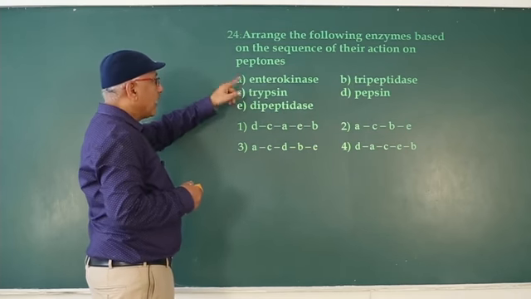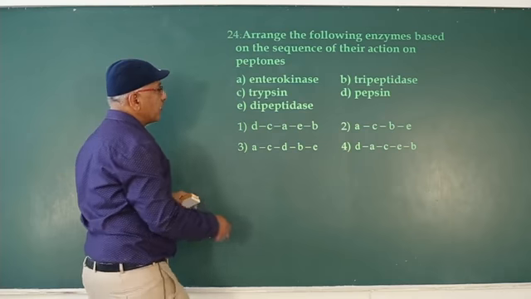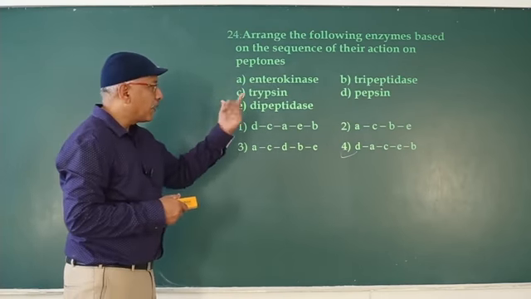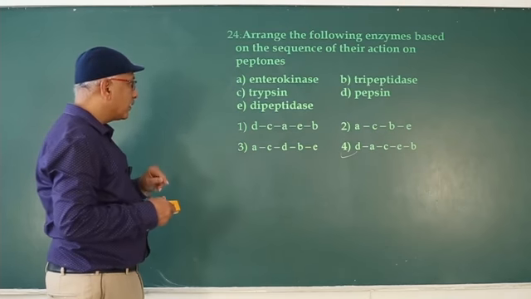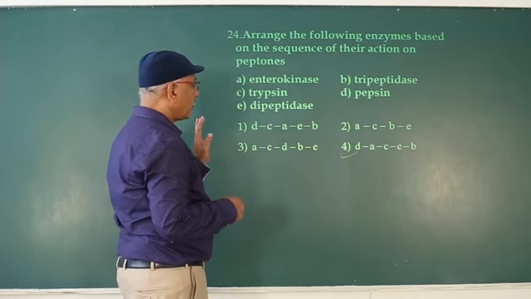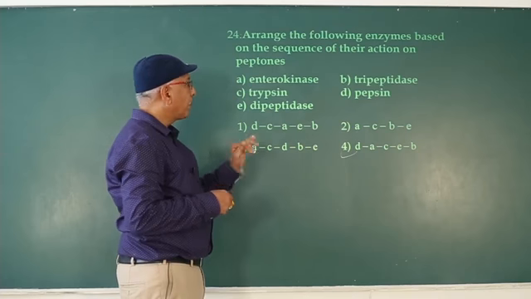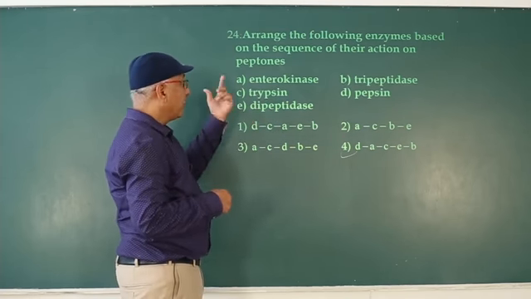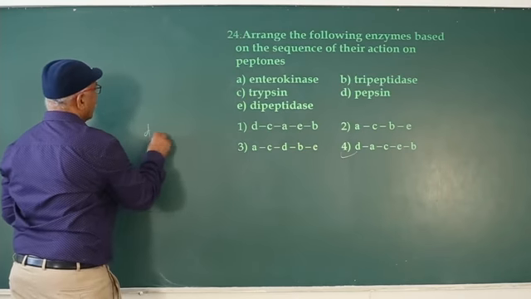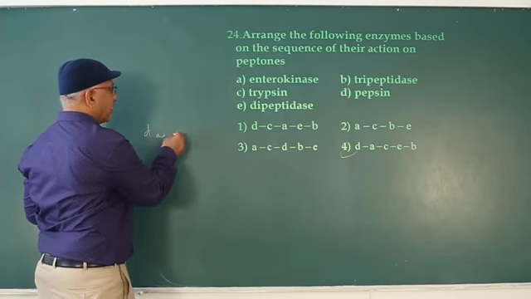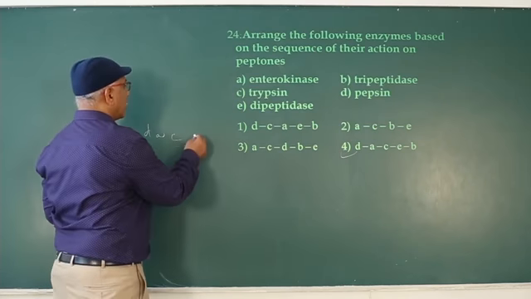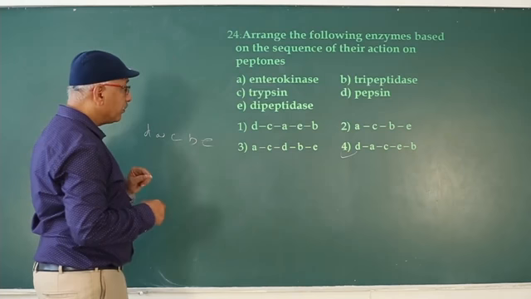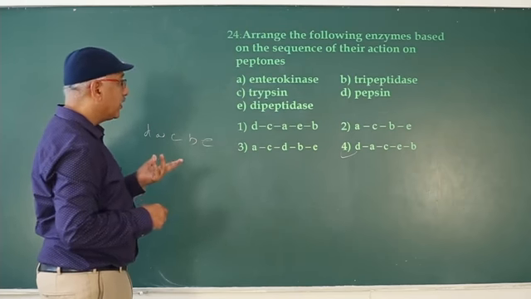Enterokinase converts trypsinogen into trypsin, so now the trypsin acts. Later, tripeptidase. If you take pepsin, the sequence would be D, A, enterokinase, C, trypsin, B, tripeptidase, E. DACBE.